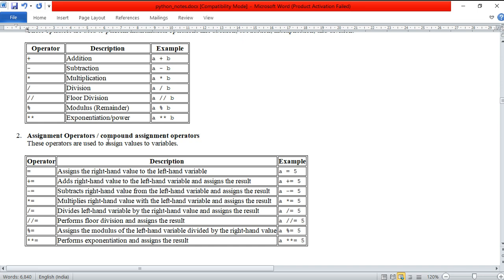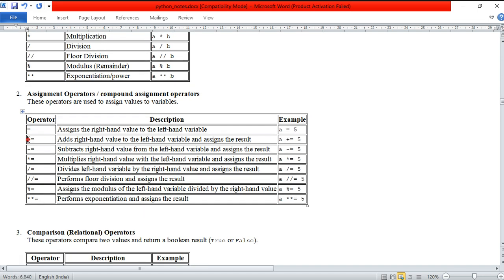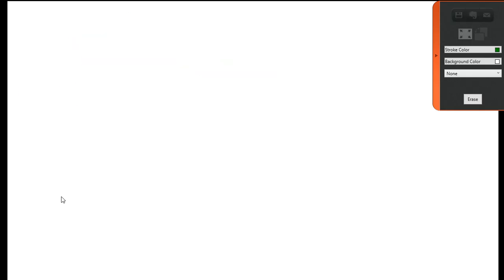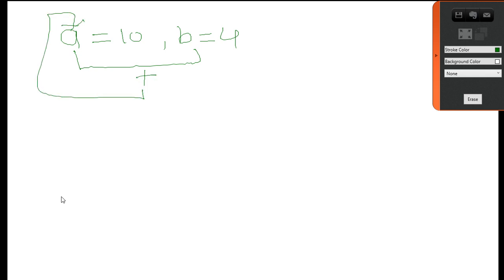Let us understand how this can be used. See, plus is equal to, minus is equal to, multiplication is equal to. Let me explain these operators. Assume a is equal to 10 and b is equal to 4. Now I would like to add a and b, and store the result in a only.